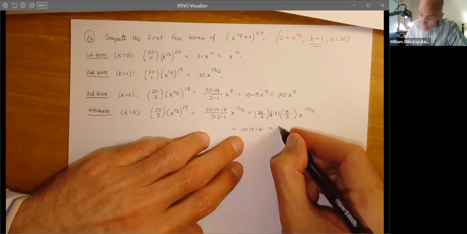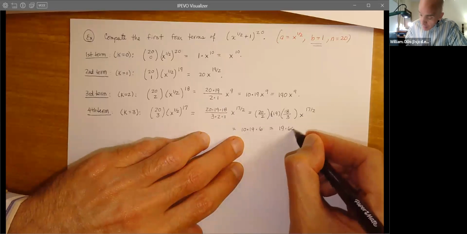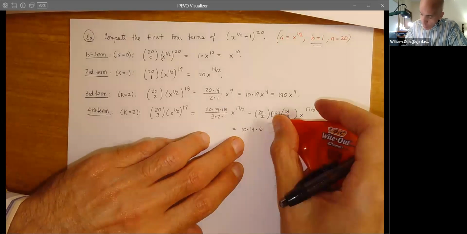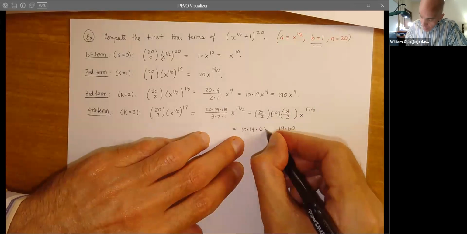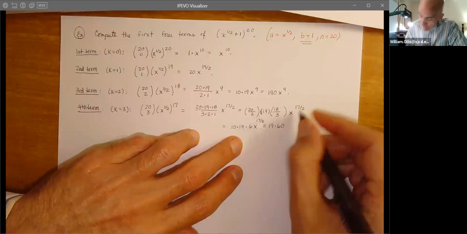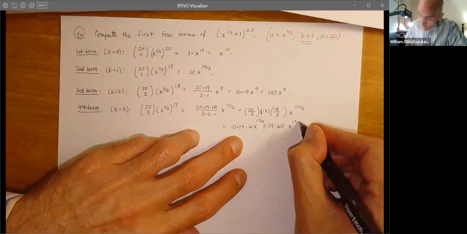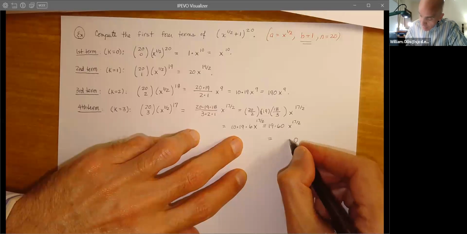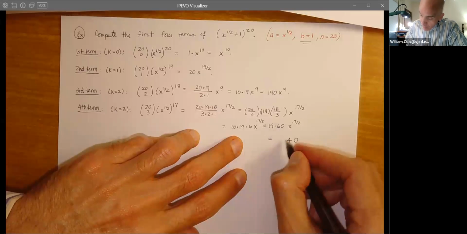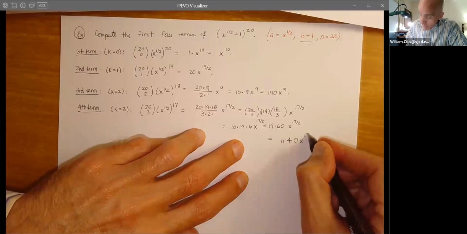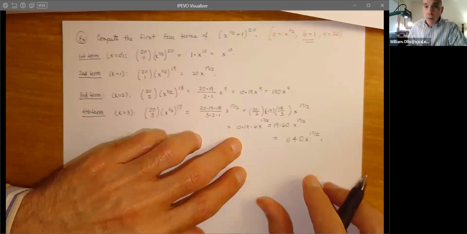So this will be 19 times 60. Well, here, let me not just forget our power of x like it's unimportant. X to the 17 over 2. And then, of course, we have a 0. So 6 times the 9, that'll be a 4 with the 5, 1, 1. So 1140 x to the 17 over 2.